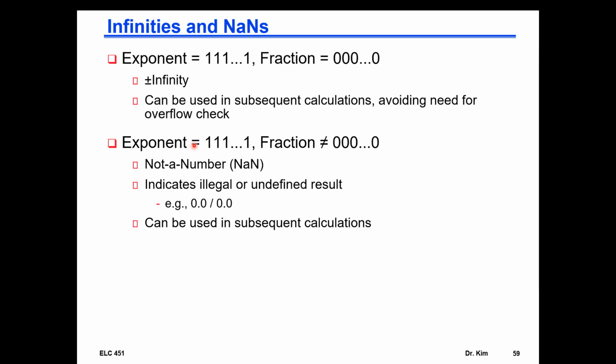But if the exponent is all ones and the fraction is not all zeros, this is what is called not a number. It indicates an illegal or undefined result. So your arithmetic needs to check for these cases and produce results that are well understood according to the standard, for example, if you get 0 divided by 0. Those results can be used by subsequent software to take appropriate action, because the meaning and how you got there is well defined.